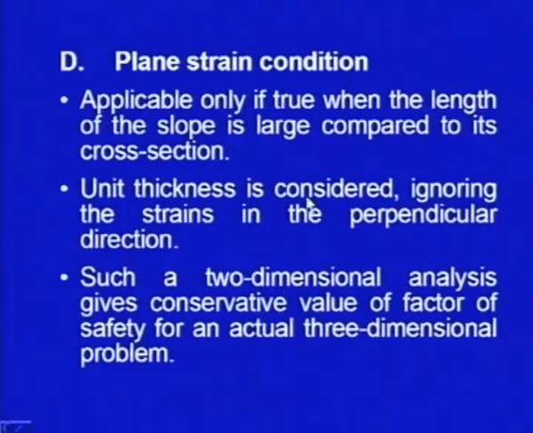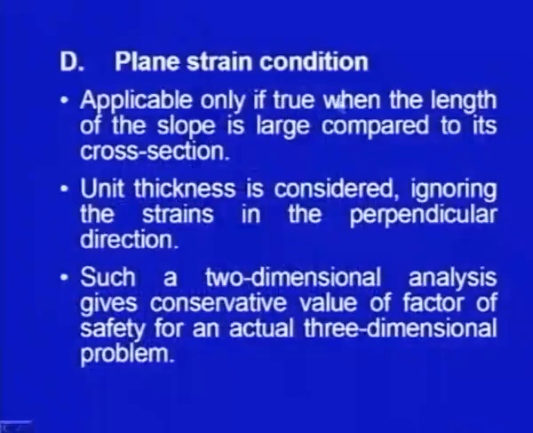The next point which we will be discussing is plane strain condition. In whole the analysis which we are going to do, most of the times we will be using a two-dimensional analysis. It is called as plane strain condition. Plane strain means all these strains are occurring in one plane.